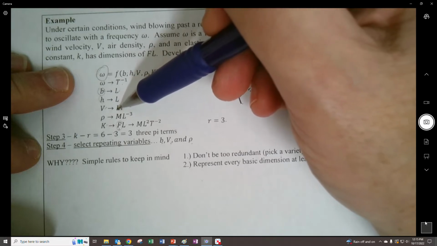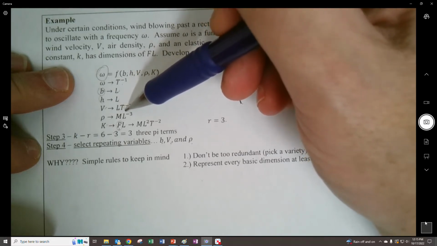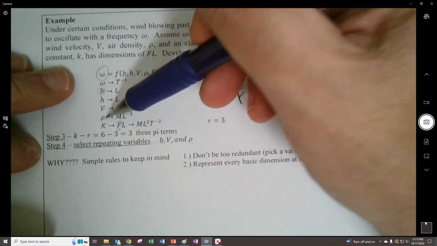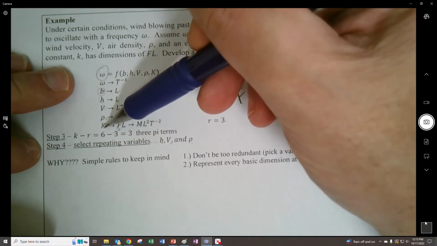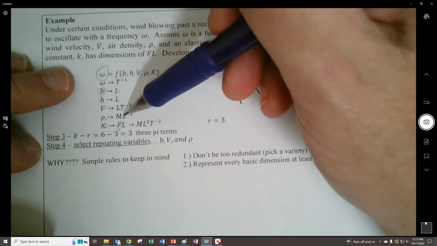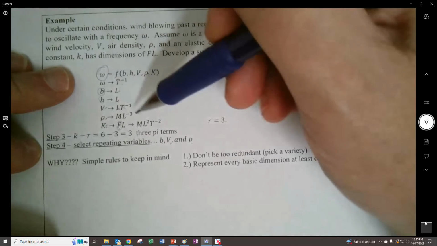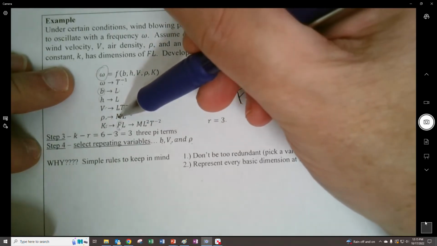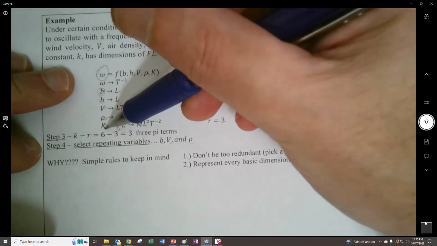But we already have L, but we don't have time yet. And then we come down to this one, and we see we could either pick density or we could pick this stiffness term, the constant that they're talking about. But we want to be as simple as possible, and we want to represent M. So it's probably going to be better to pick density than stiffness.